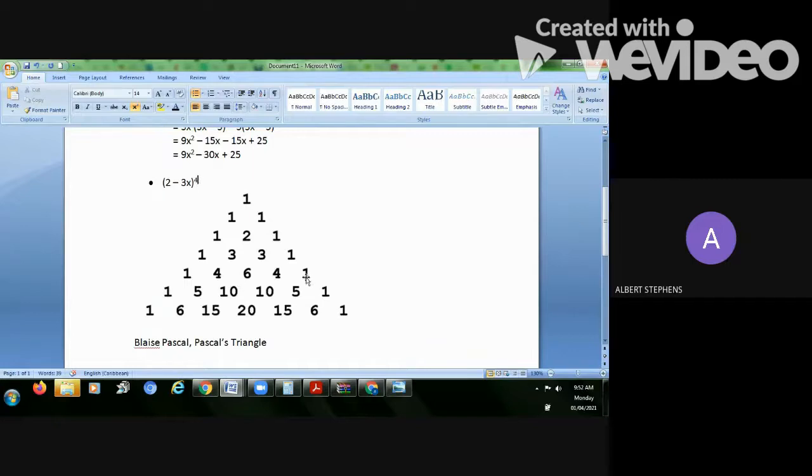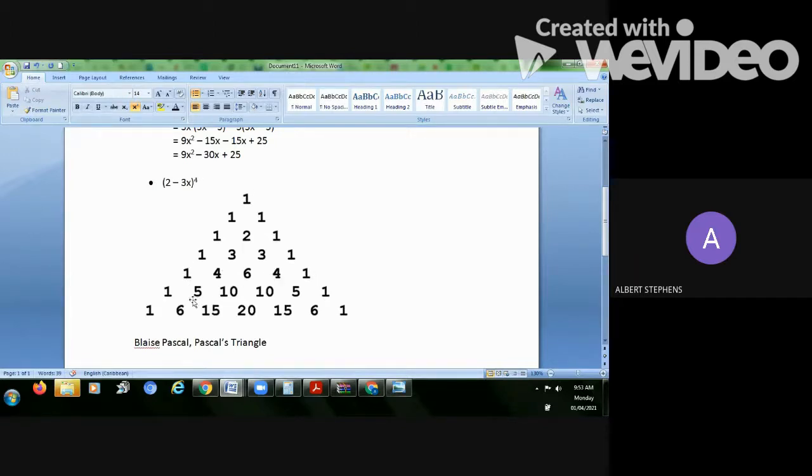Just write it off, but let me tell you that for your syllabus, you're actually required to know, right here, sir, you see the 1, 2, 3, 4, you see the fifth horizontal line? You're required to know all these numbers here.